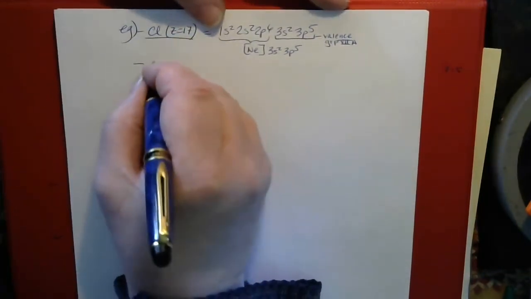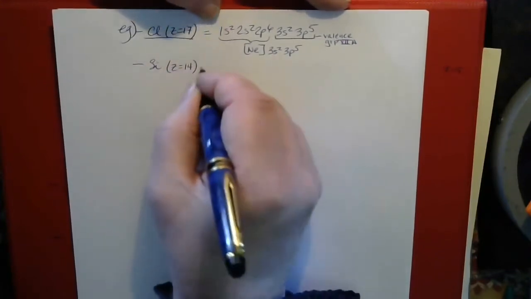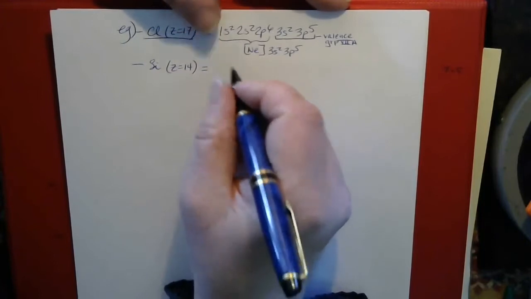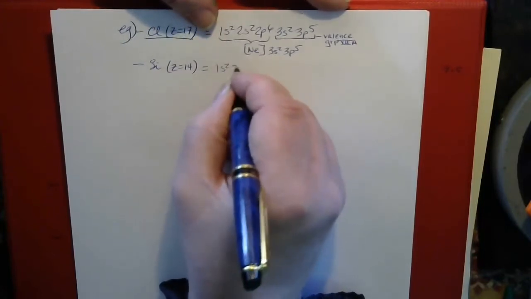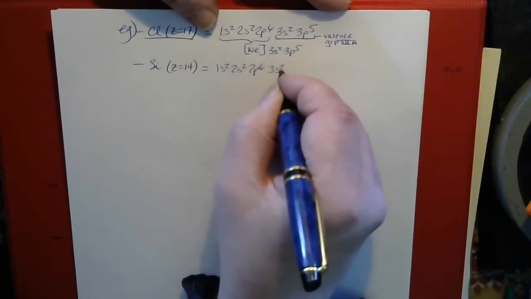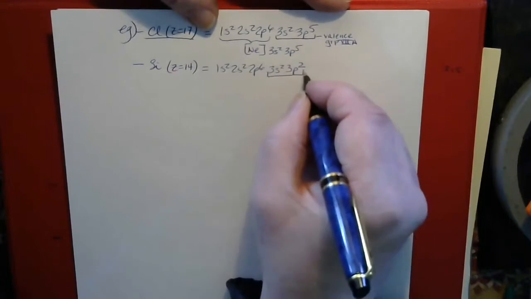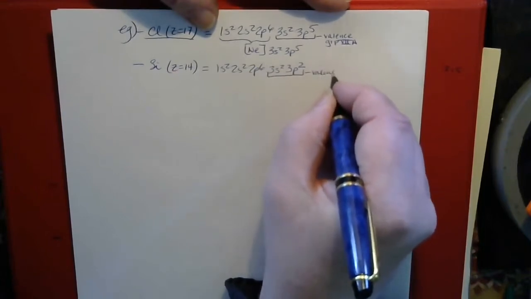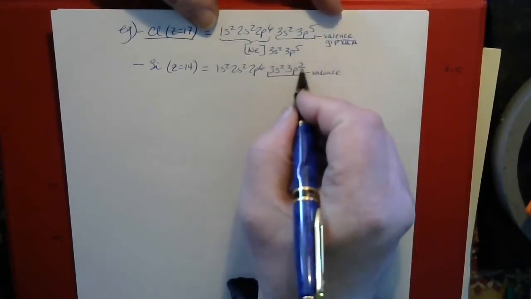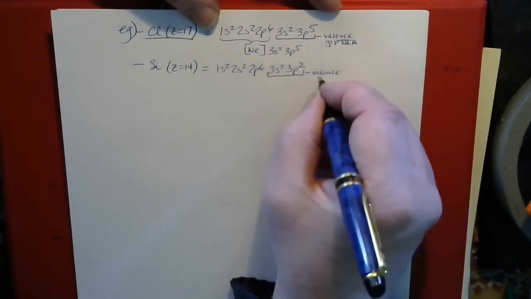Let's see, another one, silicon. 14 is the atomic number. That's 1s2, 2s2, 2p6, 3s2, 3p2. Notice how there's a total of 2 plus 2, or 4 electrons in the valence shell.